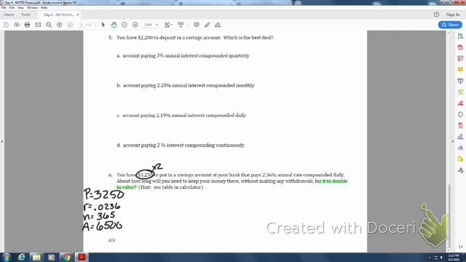Okay, so you would take everything you have. You've got your initial 3,250. You've got your rate of 0.0236 compounded daily.